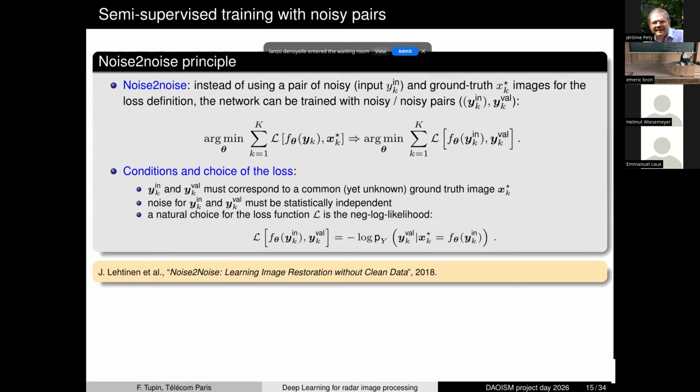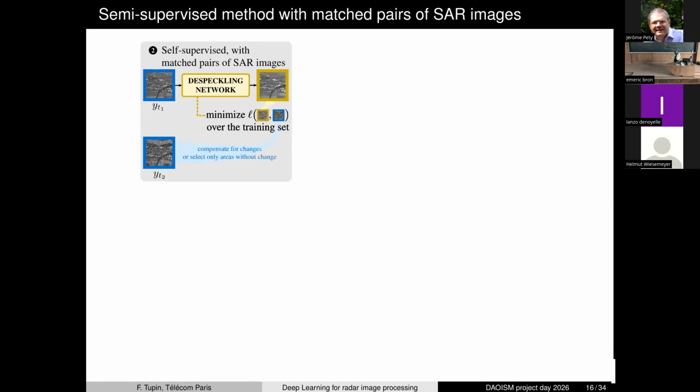And the last comment is that, of course, maybe it's not exactly the same loss that you should use in this situation and in this one, because here you are comparing two images without noise, and here you are comparing a noisy image with something without noise. So what you should usually use is a negative log likelihood, which means you are just trying to evaluate the likelihood of the noisy image given your estimation without noise that you are trying to find.